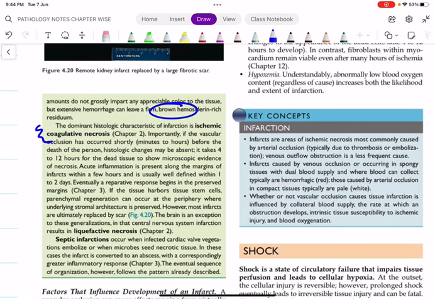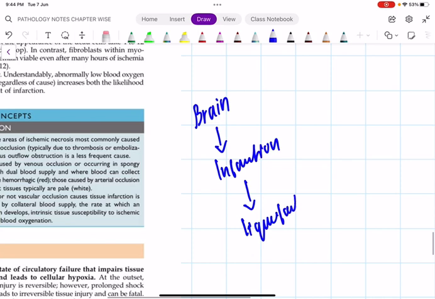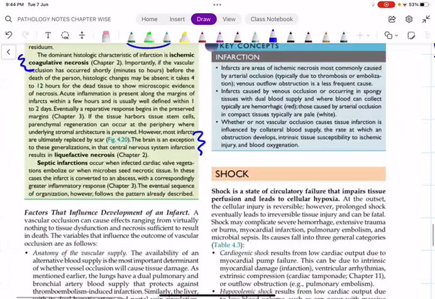Coagulative necrosis. Exception, brain. In brain, infarction is liquefactive necrosis. Fine? Yes. Okay.